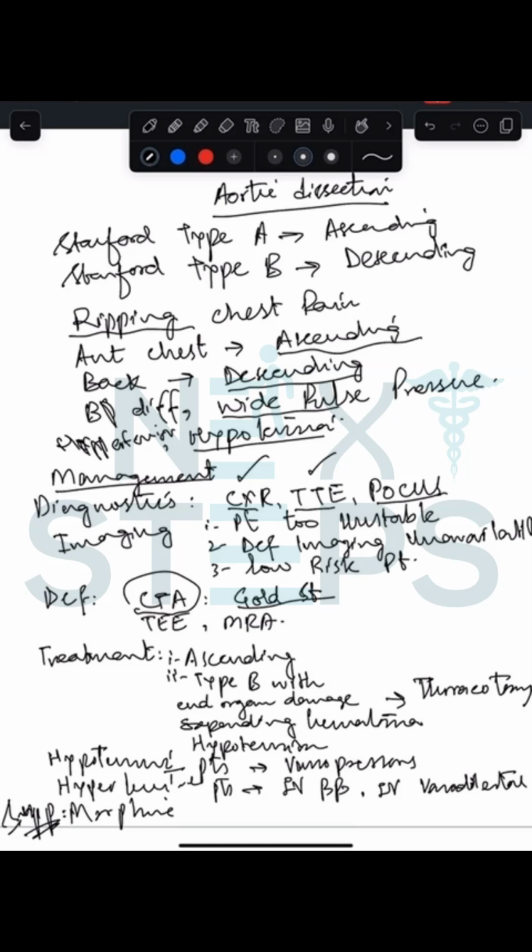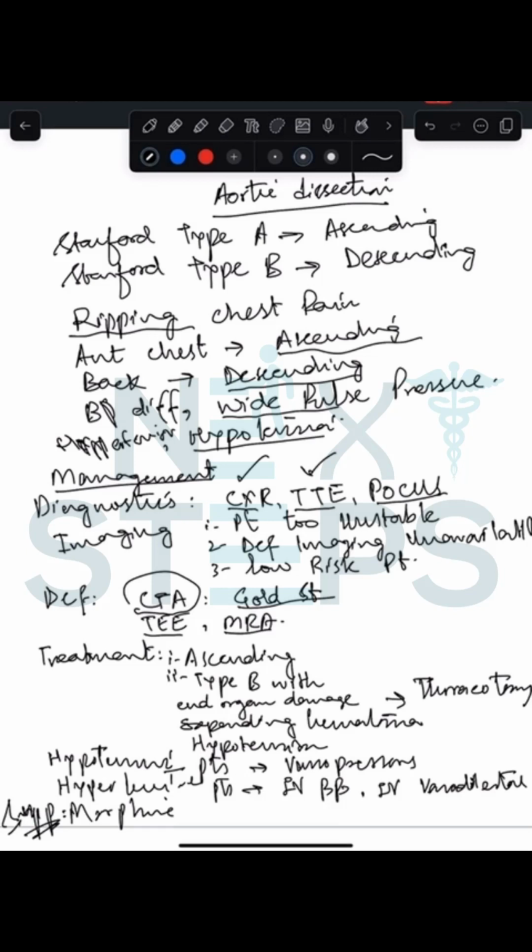Secondly, you can opt for transesophageal echocardiography or MRA. Transesophageal echocardiography can also be done in an unstable patient, as it's less time consuming than CT angio. But if the patient is too unstable, we go for transthoracic echocardiography.